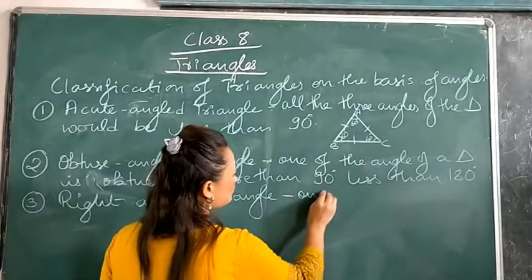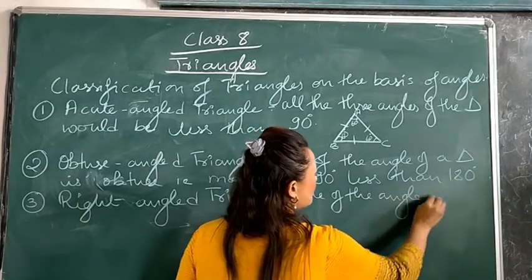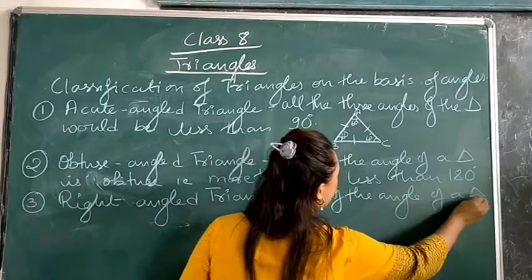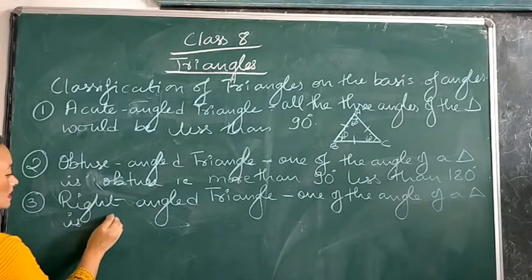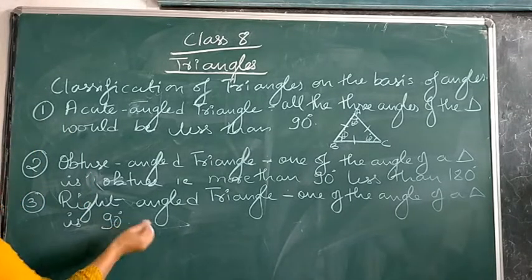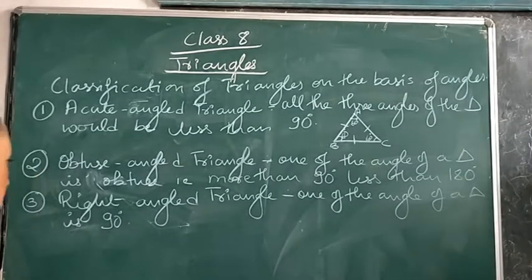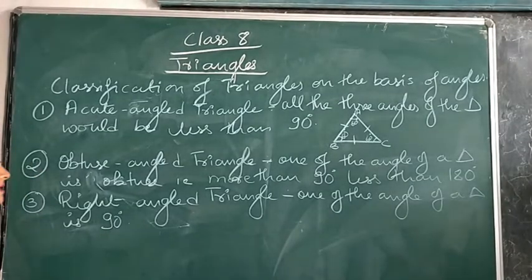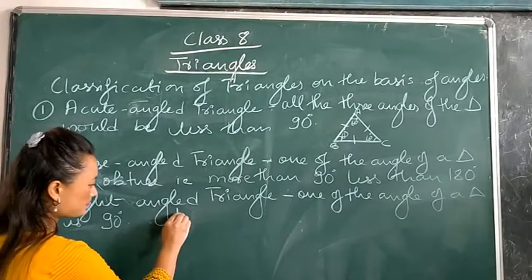One of the angles of a triangle would be 90 degrees, exactly 90 degrees, not more than that, not less than that. So right angle triangle means one of the angles of a triangle is 90 degrees.